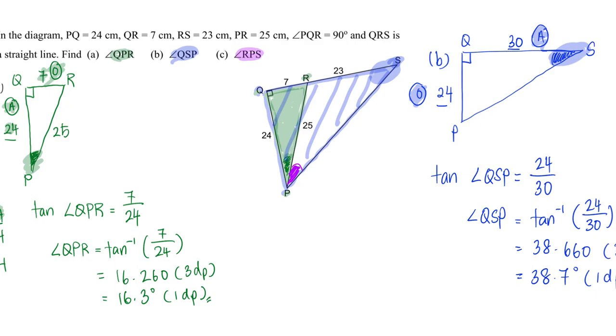Well, if I'm able to find QPS, meaning this angle here, which I can find easily because I would have gotten my QSP, then I would be able to find the purple angle RPS easily.